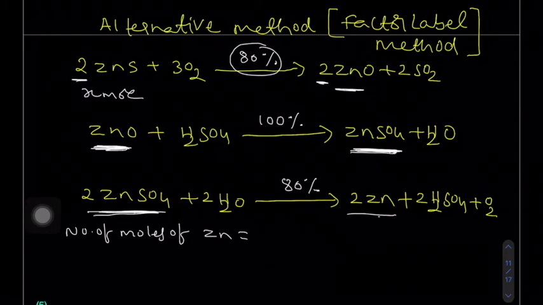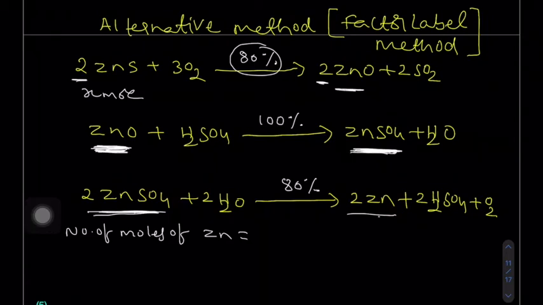Number of moles of ZnSO4 is obtained from the number of moles of ZnO. Number of moles of ZnO is obtained from the number of moles of ZnS. Now 2 moles of ZnS will give 2 moles of ZnO, so X moles of ZnS will give X moles of ZnO. Now the percentage yield is 80%, so X into 80%. This is the number of moles of ZnO.